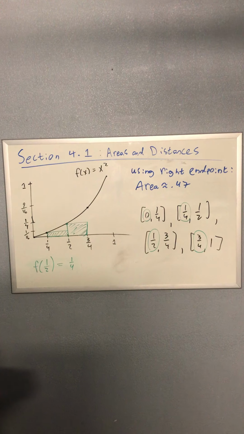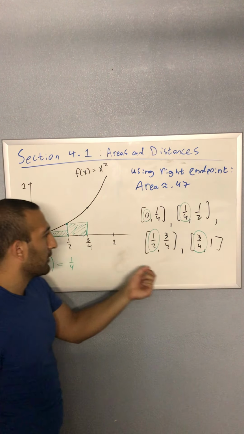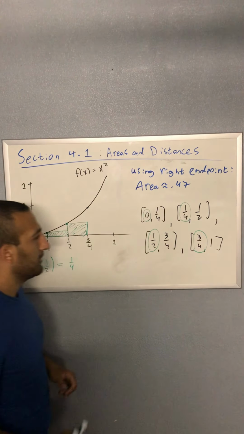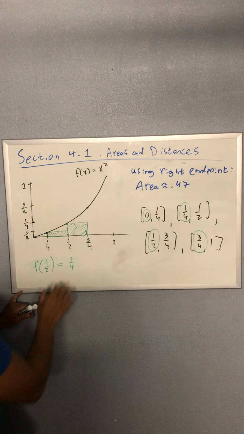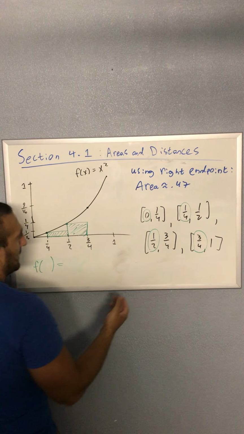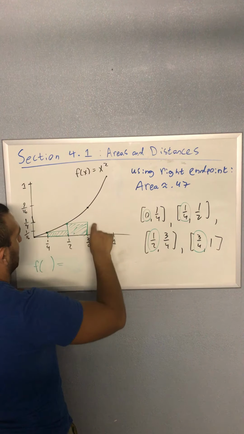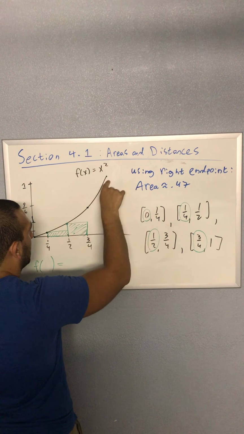And then last but not least, we look at this last interval here, 3/4 to 1, right there. And again, we're going to take the height to be the output at the smaller value of 3/4. Because see, we could take the height to be anything between here and here.